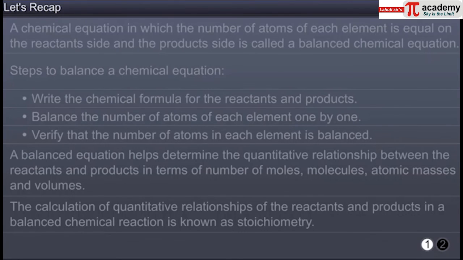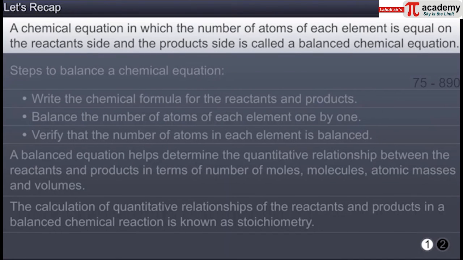You have now reached the end of this module. In this module, you have learnt that a chemical equation in which the number of atoms of each element is equal on the reactant side and the product side is called a balanced chemical equation.